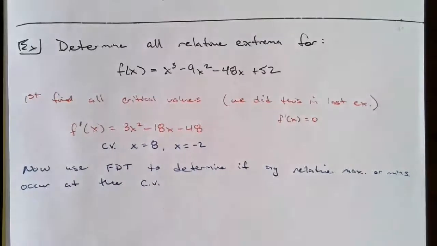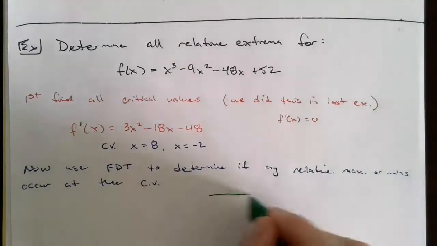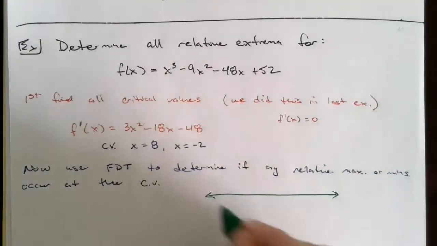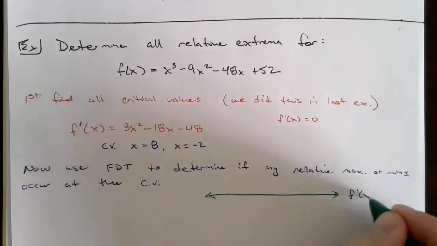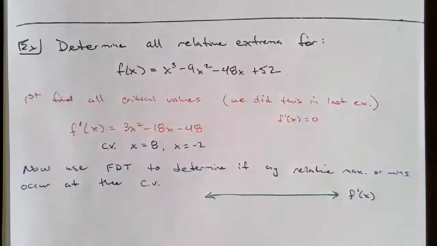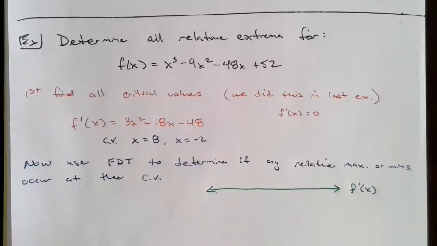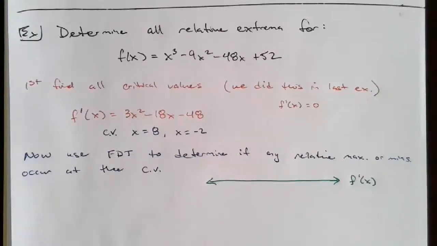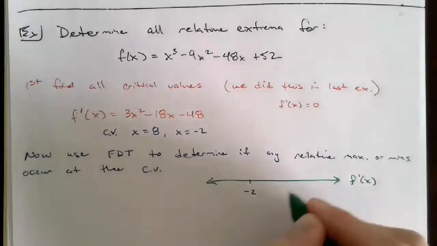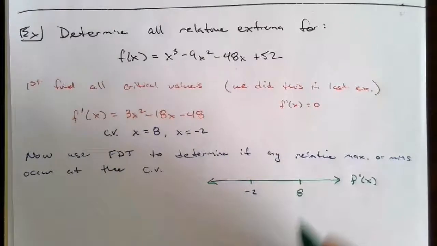Now, the way we do this, I'm going to draw out a number line. All right, and on the number line, I'm going to put the critical values. So here's my number line. It's a number line for f prime of x, and that's important to know when we're doing this. So we're going to call this the f prime of x number line. You want to put your critical values on there in the order that you would normally have them from left to right, lowest to highest. So I'm going to put -2 here, and I'm going to put 8 here.